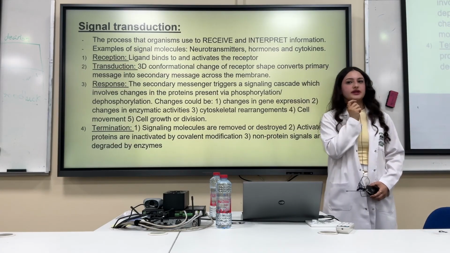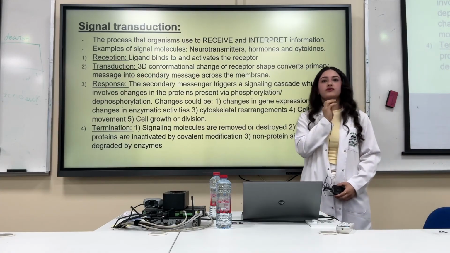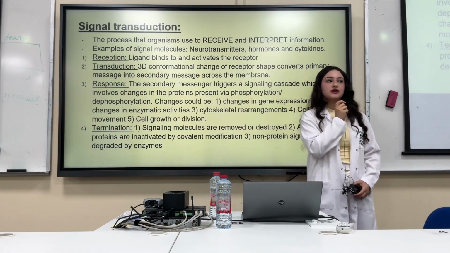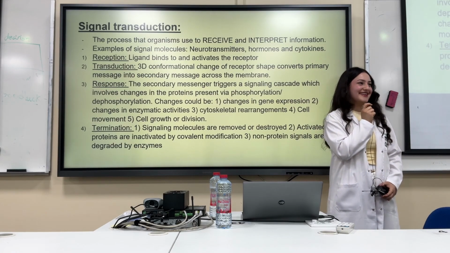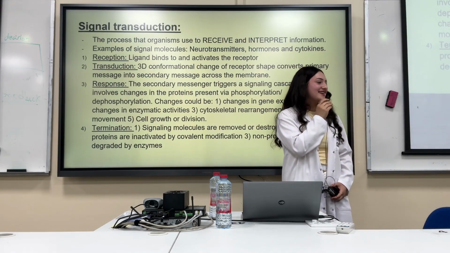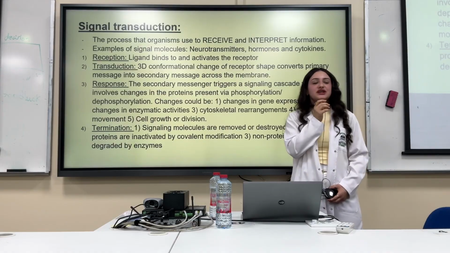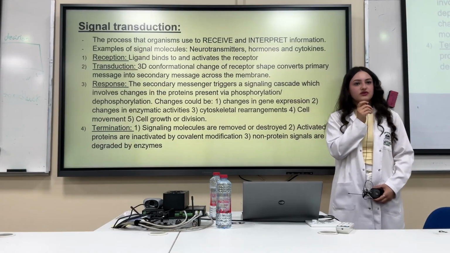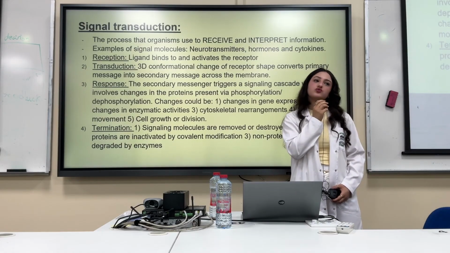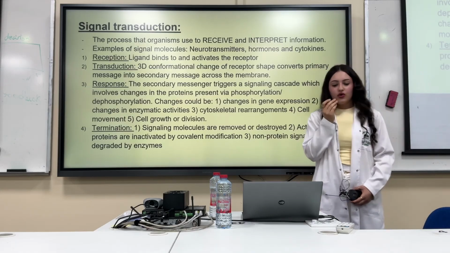It's about covalent bonding. Some type of covalent bonding is going to happen. Hydrolysis? No, hydrolysis means I'm breaking it down. Phosphorylation and dephosphorylation is going to happen. Phosphorylation can activate some proteins, or it can deactivate some proteins, or vice versa.